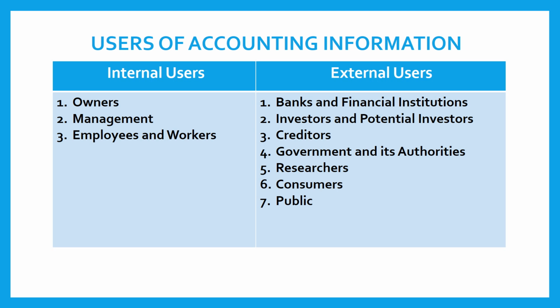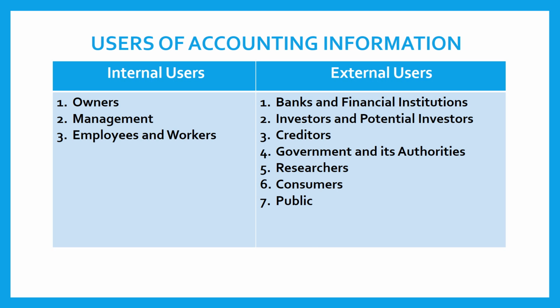The next user and interested party are the creditors. Who are the creditors? Creditors are those parties who supply goods or services on credit. And it's a common practice that a large number of suppliers remain invested in credit sales. Suppliers are the ones who sell the goods, raw material and services to the business on credit.